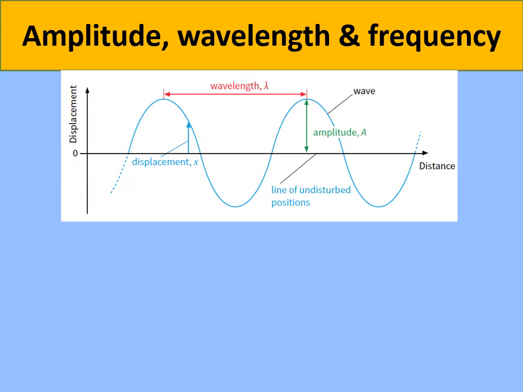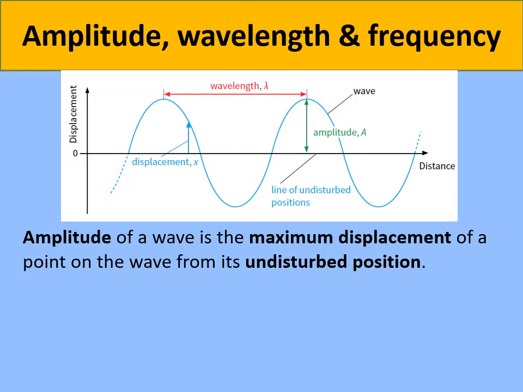The first property that we need to know about is the amplitude, and the amplitude of the wave is the maximum displacement of a point on the wave from its undisturbed position, from its position of rest, in other words. It's basically the distance from the undisturbed position to a crest or a trough.